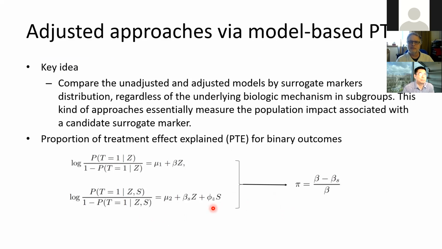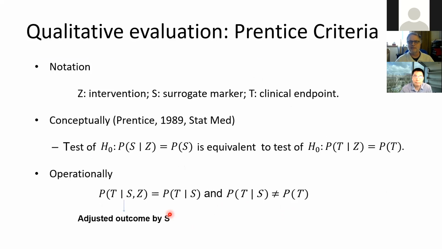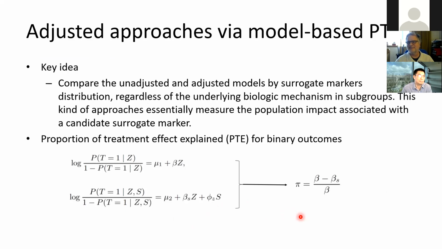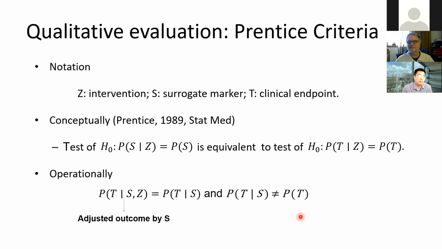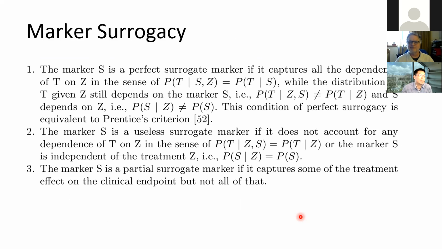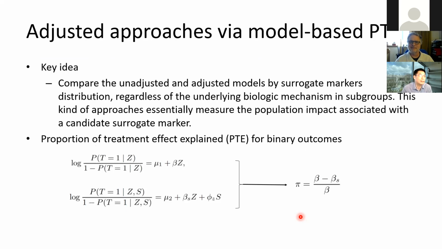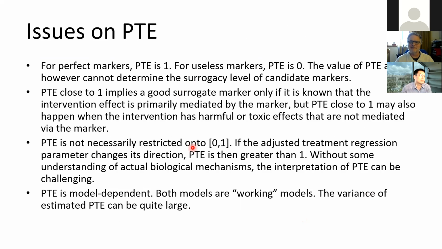Hey, Ying. Yes. Sorry, I have a quick question. What do you mean by the PTE may be close to 1 if the intervention has some toxic effect? Is it something not captured by T? So, on the next slide, when talking about the range of PTE, when PTE is pretty close to 1, it may also happen when the intervention has harmful or toxic effects not mediated via the marker.